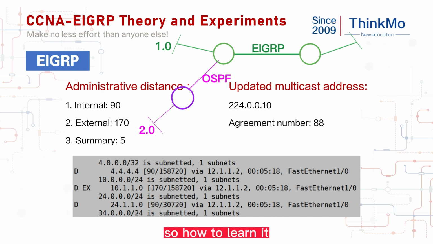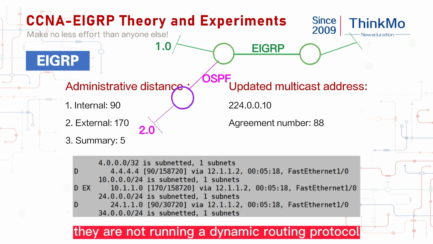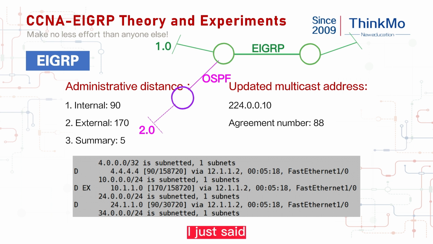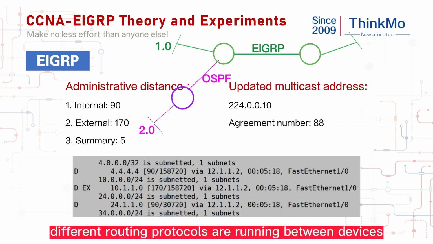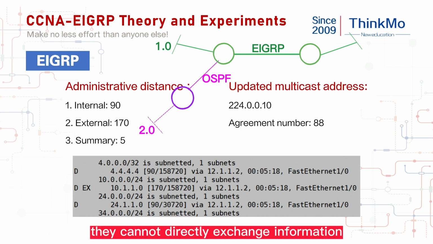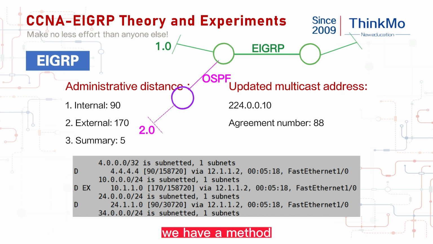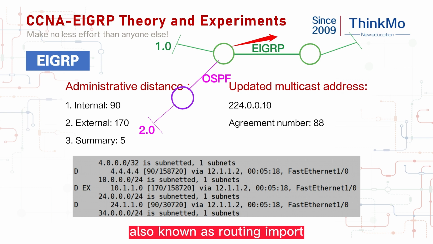So how to learn it? They are not running a common dynamic routing protocol. I just said different routing protocols running between devices cannot directly exchange information. We have a method: redistribution. On this device, I put the content from OSPF and introduce it into EIGRP. This is called redistribution, also known as route import.